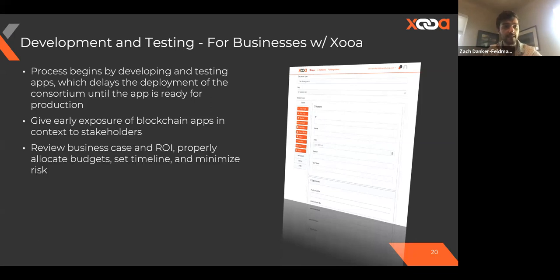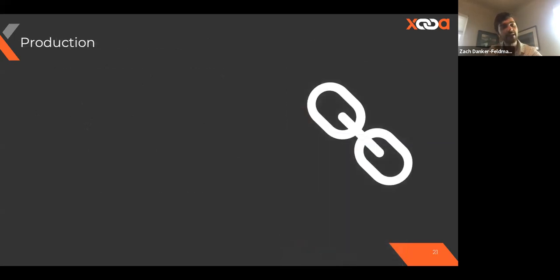All of this means that the organization can have a better idea of the prospects and ROI of the project. This helps determine budgets, timelines, and risk, and potentially most importantly, whether the project should even be brought to the production phase.